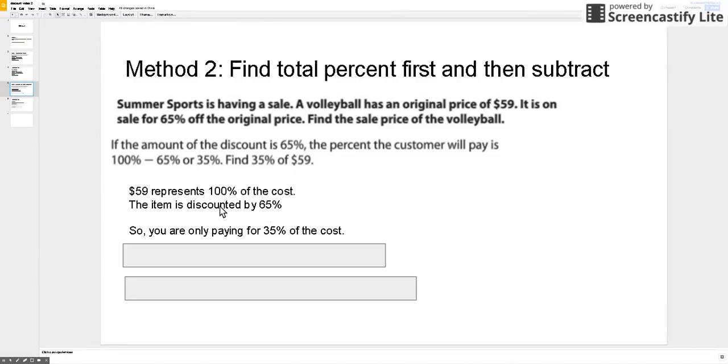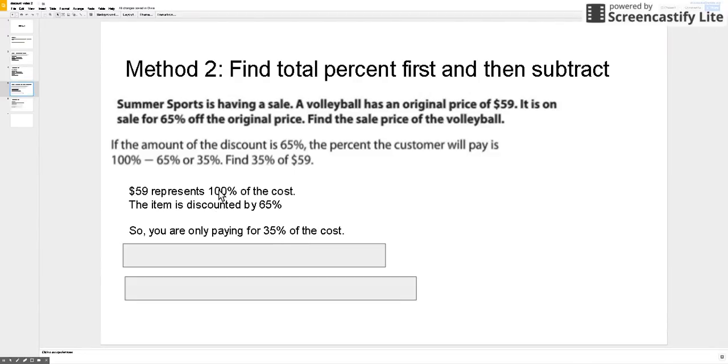Okay. Now, this is some important information that I want you to look at. Pay attention right here. $59 represents 100% of the cost, okay? So 100% of the cost is $59. If the item is discounted by 65%, okay, you only end up paying for 35% of the cost, right?